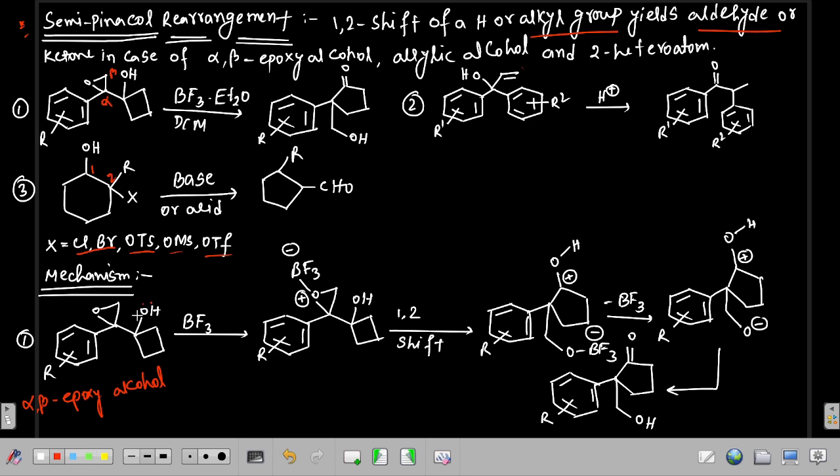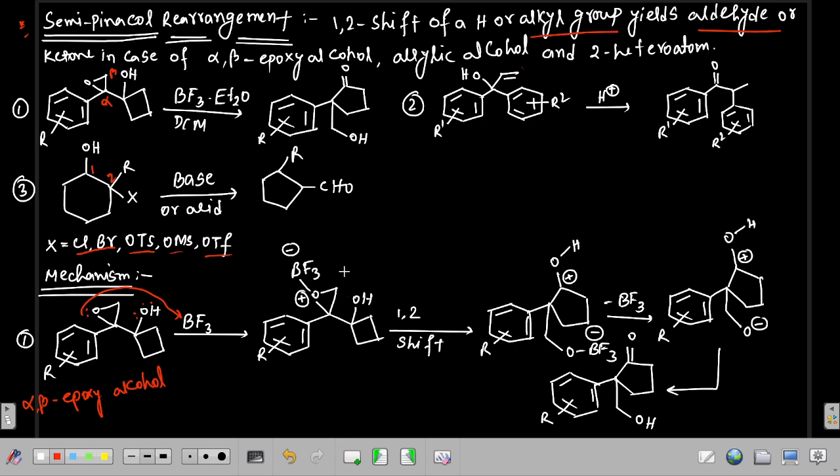So first step, the epoxide has a lone pair, so it will abstract this BF3 because it has a tendency to open up this ring. So that's why this lone pair will abstract this BF3. Okay, so it leads to the formation of this zwitterionic species.